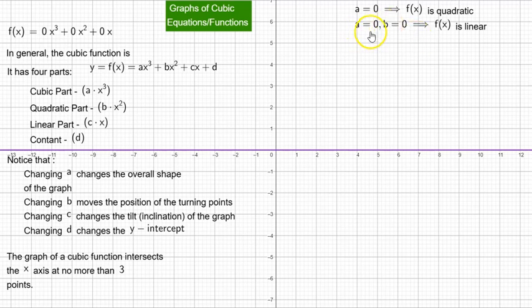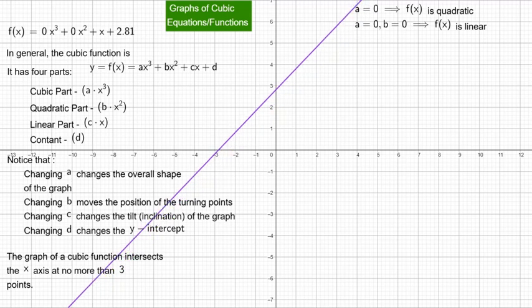But if a is equal to 0, b equal to 0, but c is equal to some value, then it becomes a line which is not on the x-axis. And if we change d, what will happen? That line itself will keep going up or down.